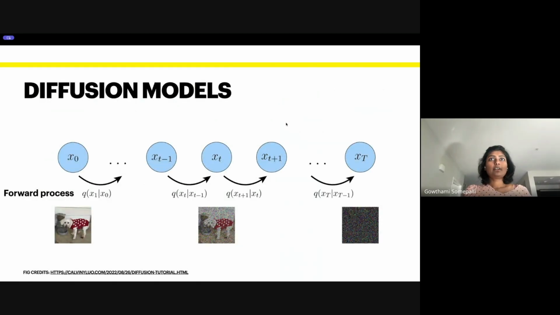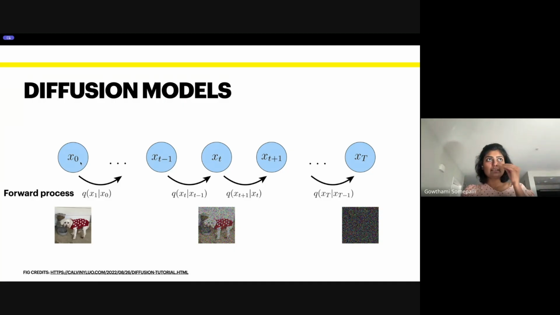Okay, so that lays somewhat of a foundation for diffusion models. Again, to reiterate, it's a natural progression from hierarchical VAEs, with all the differences I mentioned in the previous slide. So let's try to understand the terminology a little bit.